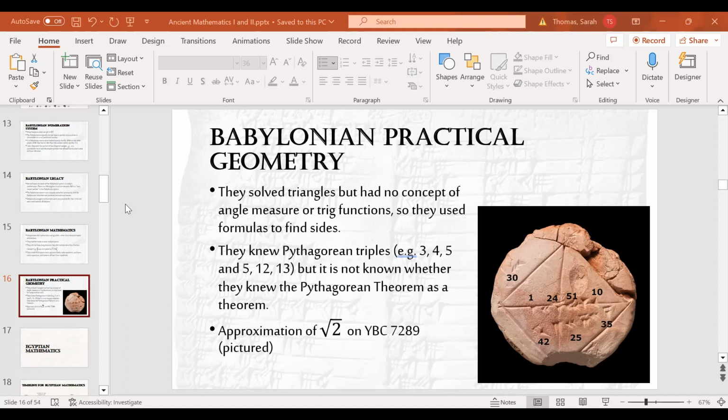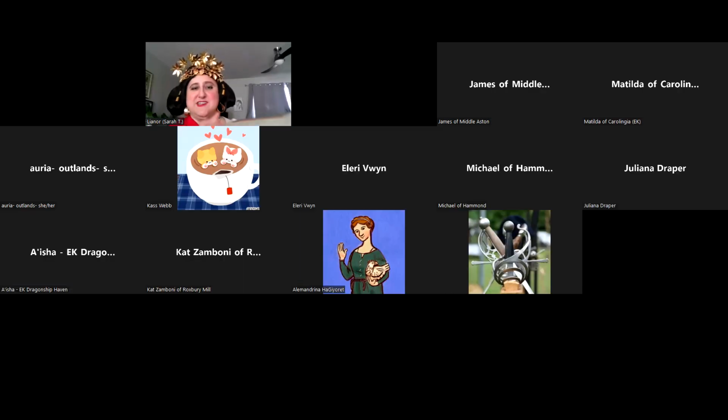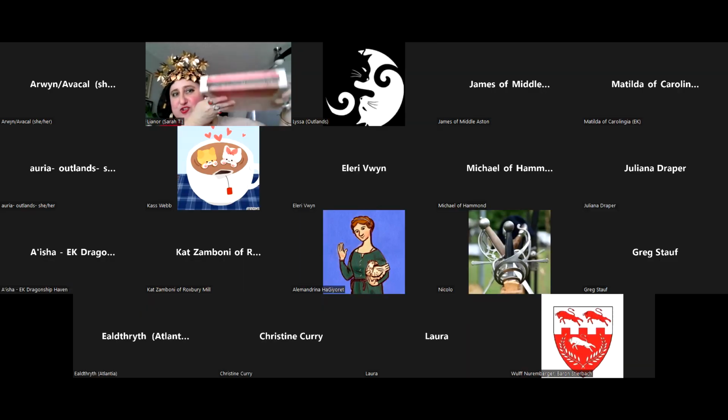Yes. For more information, here is a really good book, The Universal History of Numbers by Georges Ifrah. It's a good book for people who want to get into it. It's kind of large, but it's packed with information and very dense.